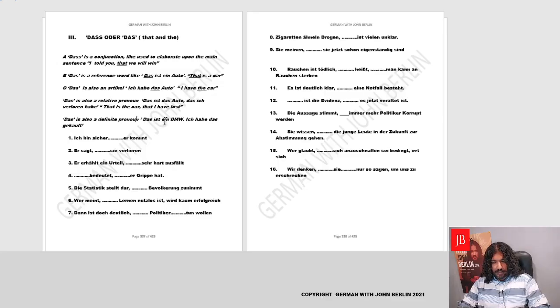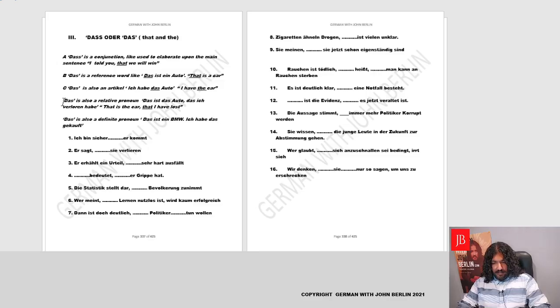That is a BMW. I have bought that. So when we emphasize a particular noun in terms of definite pronoun, you could have said, das ist ein BMW, ich habe es gekauft, I've bought it. But instead of saying es, you have used das, just to emphasize, this is the one I've bought. So it could also be a definite pronoun.